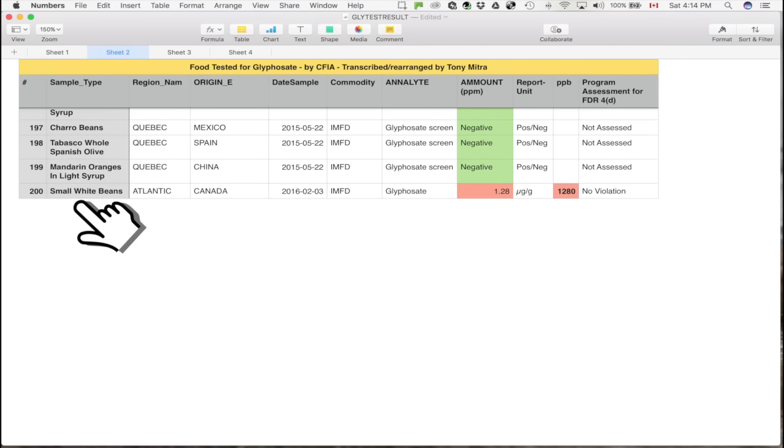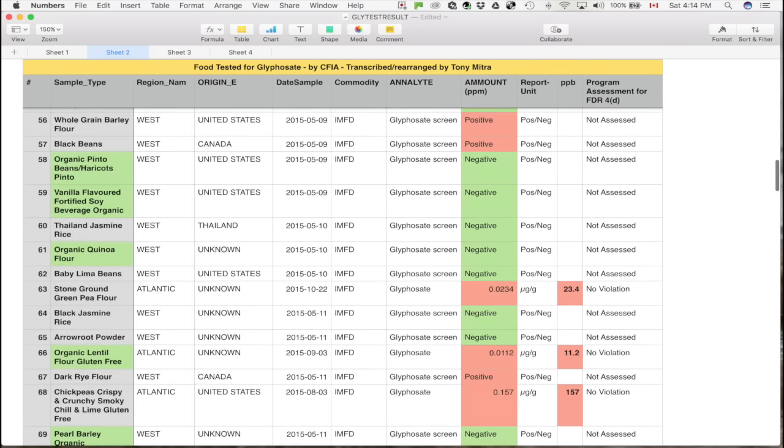You can see the last item, small white bean from the Atlantic coast, grown in Canada, has 1,280 parts per billion glyphosate, and it is still not in violation. So what the limits are for each is something I will be looking for.